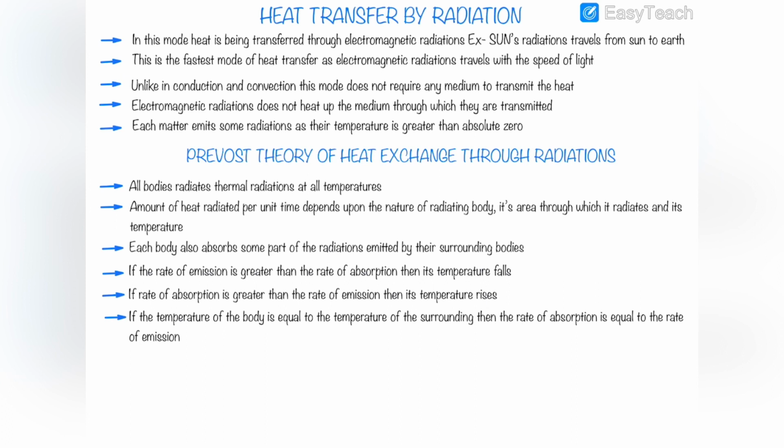If the rate at which my body is radiating energy and the rate at which it is absorbing energy are equal, then the temperature of my body will become steady. It will become constant, and it will become equal to the surrounding temperature.